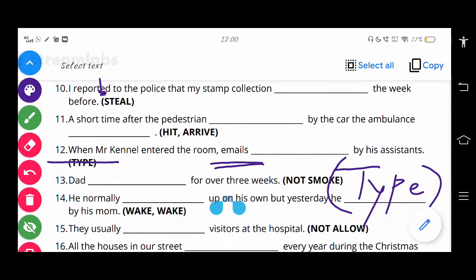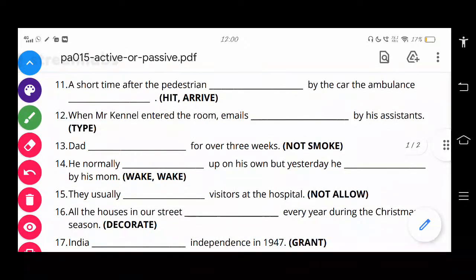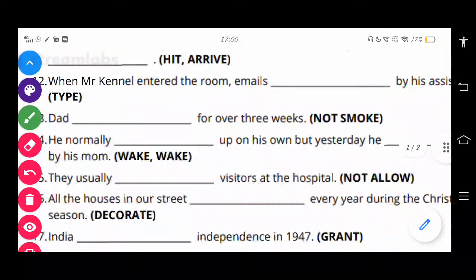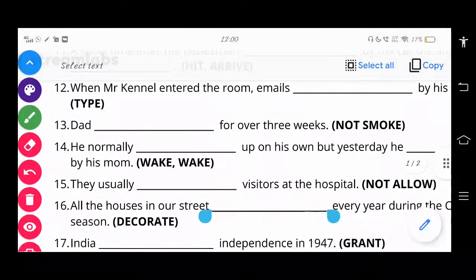Okay, now have you all understood this example? Let's see one more example. Look at the 13th example: Dad dash for over 3 weeks. Here in this example, dad is the subject.